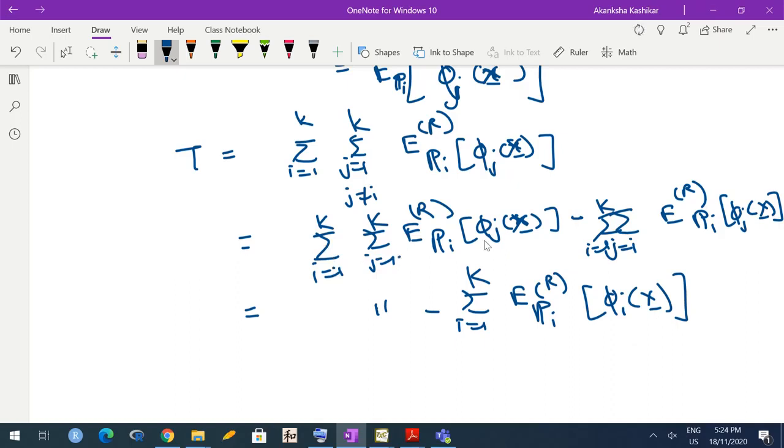These are two finite summations and I have an expectation, so expectation and summation can be interchanged. And as soon as the sum over j goes inside, it becomes the expectation of the sum over j of phi j. The sum over j of phi j is actually 1. We have already used it above. So this becomes the sum over i going from 1 to k of E_Pi of the sum over j of phi j(X).